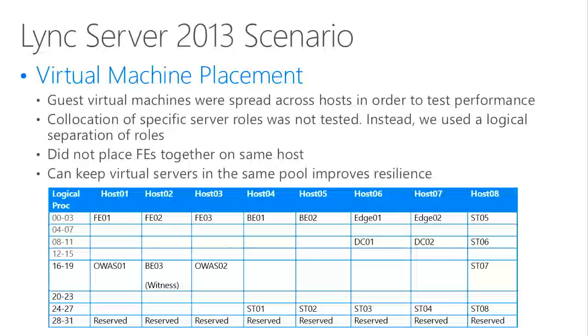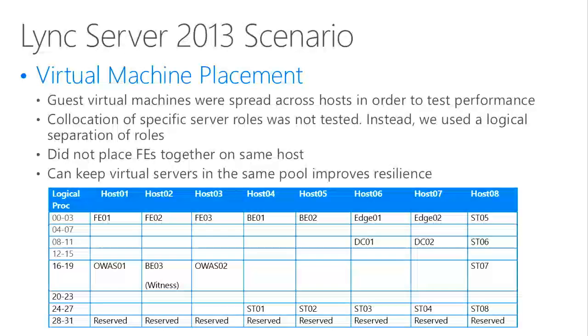So let's look at the virtual machine placement. What we did was spread the guest machines across the hosts, really in order to test performance. We didn't get too bogged down with co-location of specific server roles. We didn't test that. Really, we did a logical separation of those roles.